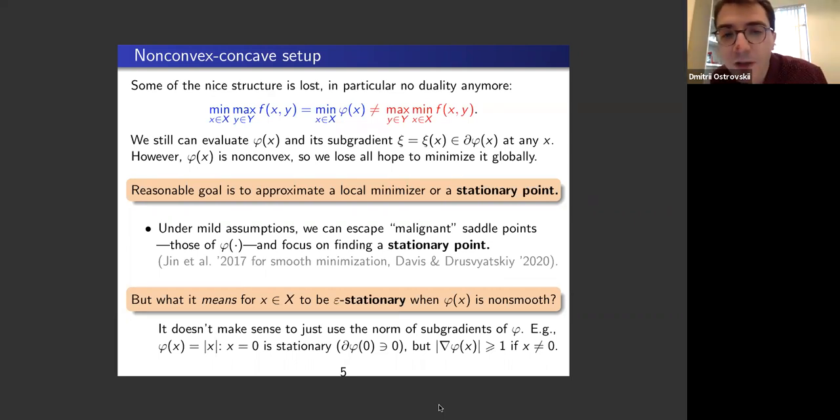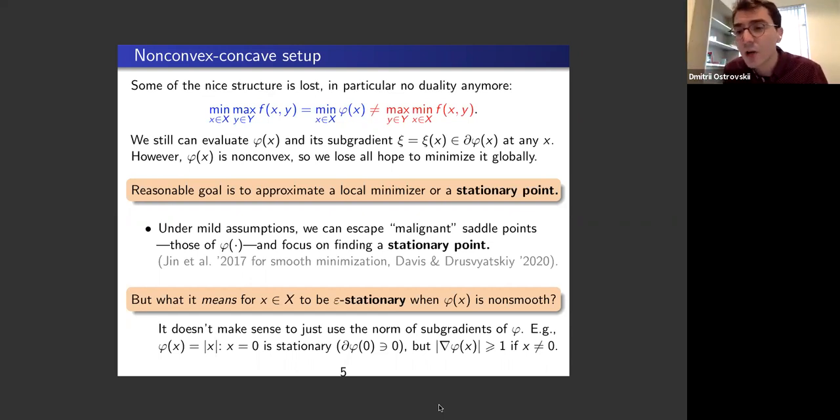Because if you think about it, even in the case where the set y is a singleton, then this problem reduces to a minimization problem, which is smooth now, right? But it is non-convex. And even in this case, a reasonable goal instead would be to find a near stationary point, a first order stationary point.